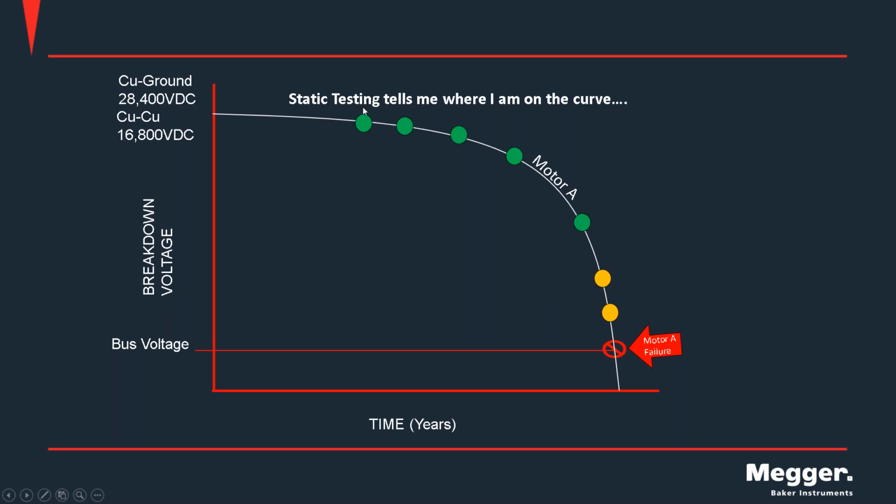If my test is great, everything's passing, and I got a nice little green result, that's awesome. But eventually I'm going to get some results that I can interpret as not failing, but I'm starting to deviate from a solid good condition.